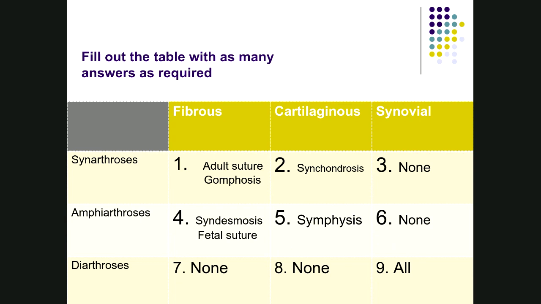Look, when you look at the table, a synchondrosis is both cartilaginous and synarthrotic. Remember, all synovial joints are diarthrotic, and all diarthrotic joints are synovial. Does it make sense to everyone?